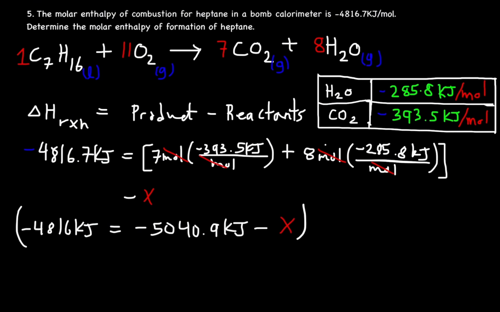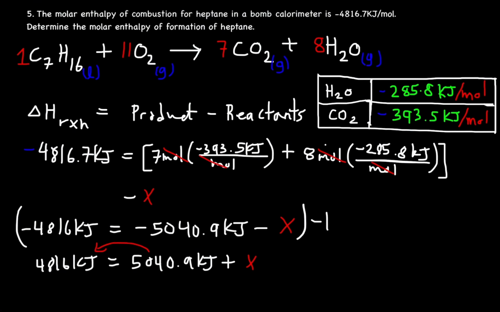Now I'm going to make things nicer and multiply everything by negative 1, so it gets rid of that negative sign. So 4816 kilojoule equals 5040.9 kilojoule plus X. Now I'm going to simply take this to the other side by subtracting it.